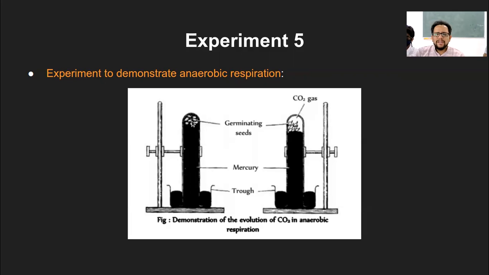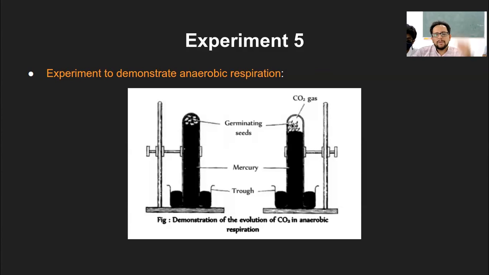So obviously, these seeds will start germinating because there will be a little bit of moisture and a little bit of oxygen for the germination process to happen. This will release carbon dioxide, so that means it will increase in volume.